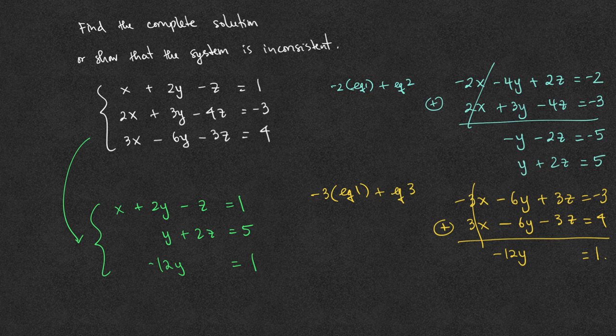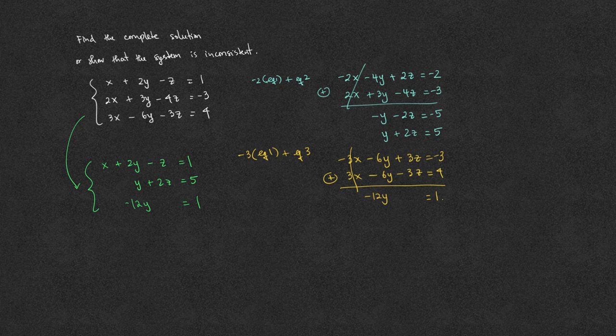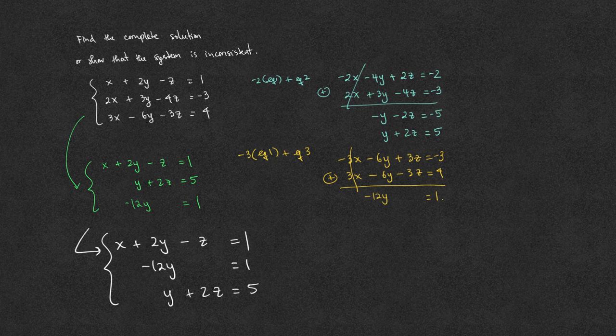We observe that the last equation has only y, so we want to interchange the second and the third equation to obtain an equivalent system of equations: x plus 2y minus z equals 1, negative 12y equals 1, and y plus 2z equals 5.